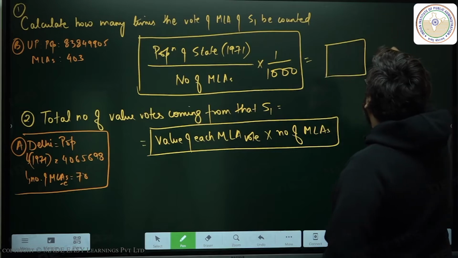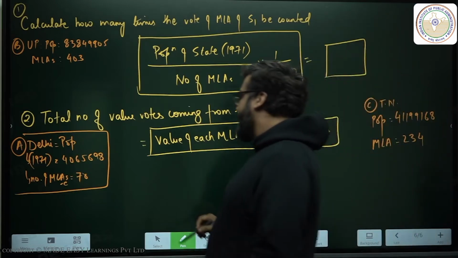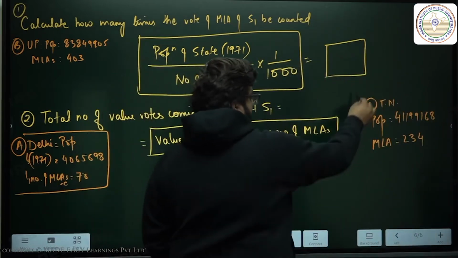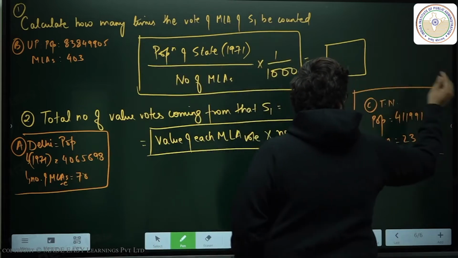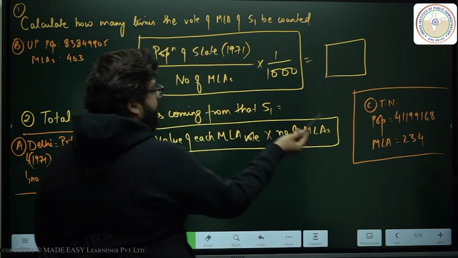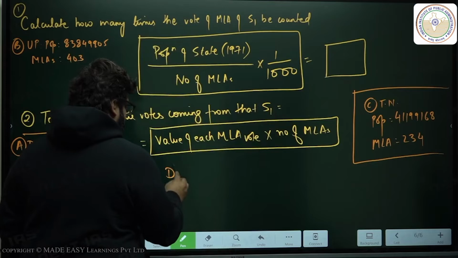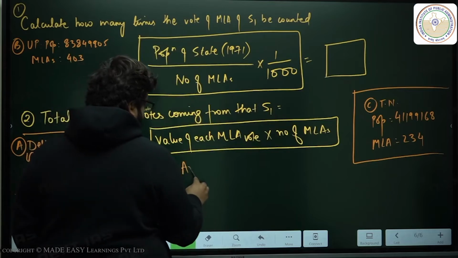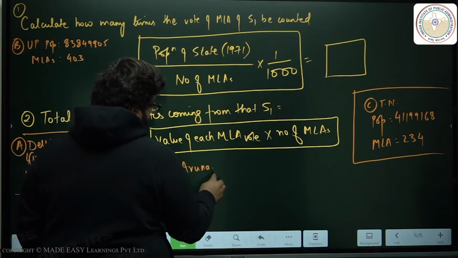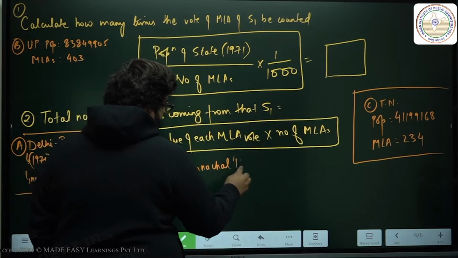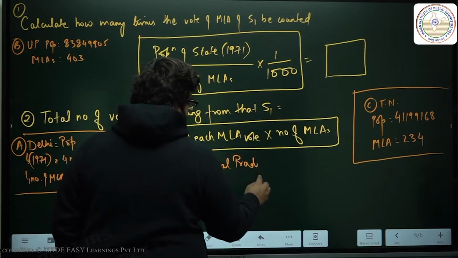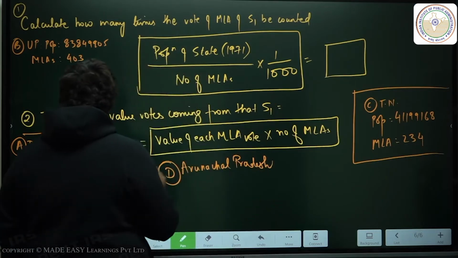D. बस नंबर्स पुट करना है और कुछ नहीं करना है. अरुणाचल प्रदेश, छोटू सा प्रदेश.